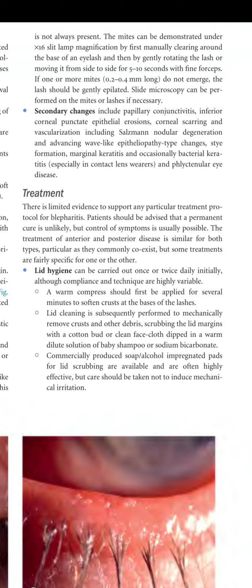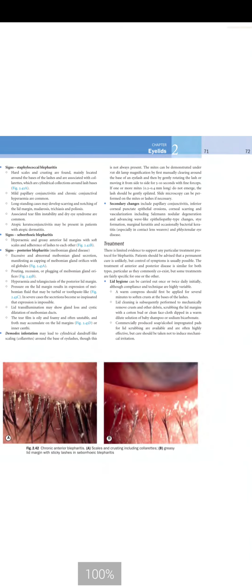When the bases are soft, you take the baby shampoo and dilute it in water, and then you clean the eyes with the cloth dipped in that solution. And there are certain kinds of products that are also available commercially.